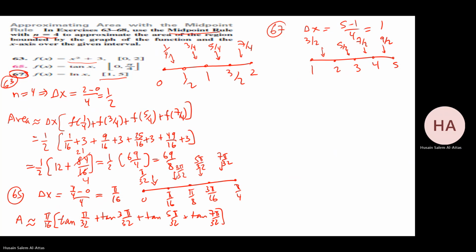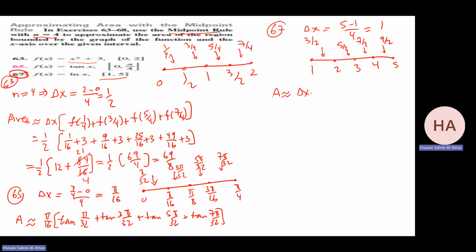Okay. Now n equal 4. Okay. So this is 1, so the area approximately, yeah, I will leave it like this.